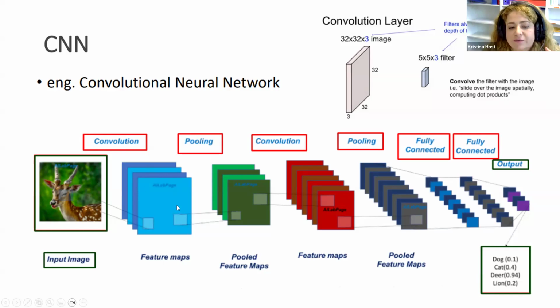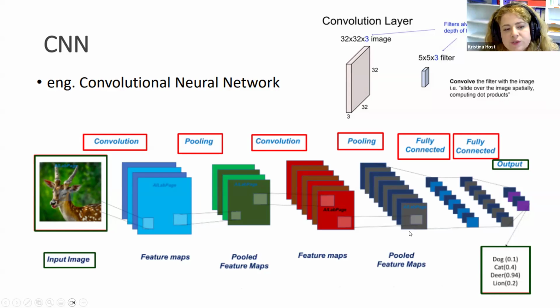We are trying to find features with the convolution, and they consume a lot of memory, so we have to pool, and then we can use convolution again, then a pooling layer, and so on. When we want to finish and classify our images, at the end we use fully connected layers.